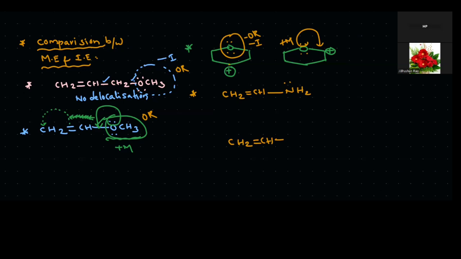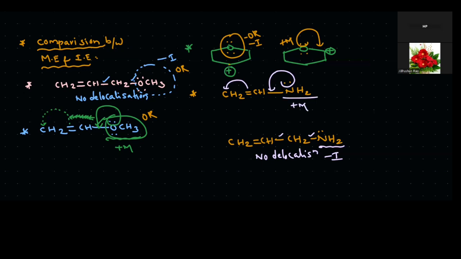Now the NH2 group also in this case, here there is no alternation. Two sigma bonds present, no delocalization. No delocalization means here this NH2 group alone acts as a minus I group. But in this case, it donates electrons to the adjacent double bonded carbon atom. Now this group alone acts as a plus M. So these are the differences between plus M and minus I.